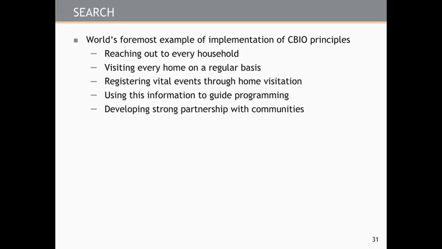Visiting every home on a regular basis was very important. Registering vital events through home visitation was very important. And using this information to guide programming was very important as well. And also, another fundamental CBIO principle is the importance of developing a strong partnership with communities. And so SEARCH has done all of these things.